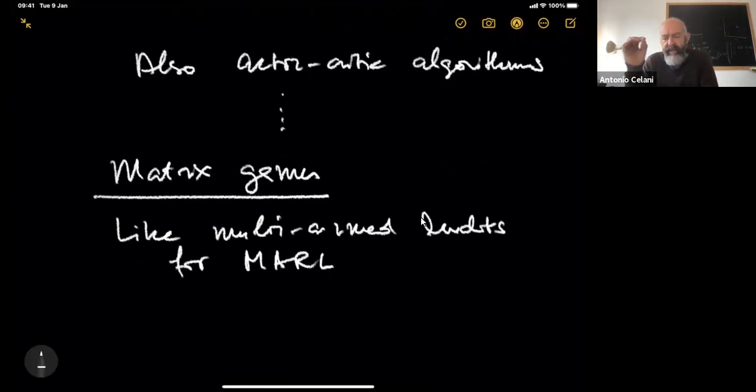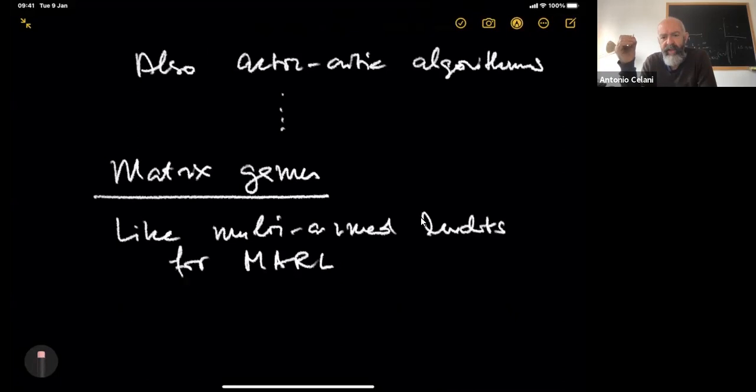matrix games exist by themselves since a long time in the literature of game theory. So we will introduce very quickly the notion of what is a matrix game, but we will quickly depart from the mainstream of game theory, because the goal for us would be to find algorithms that are able to play any game in the situation where they don't know what the game is.